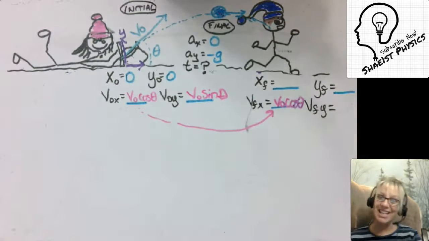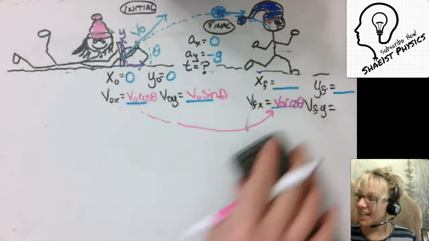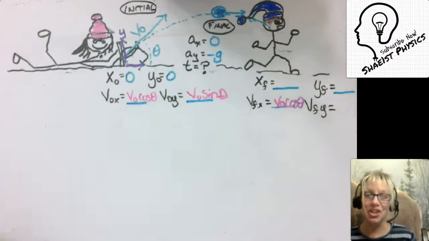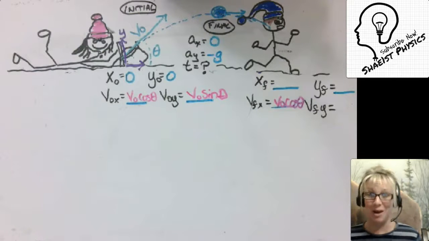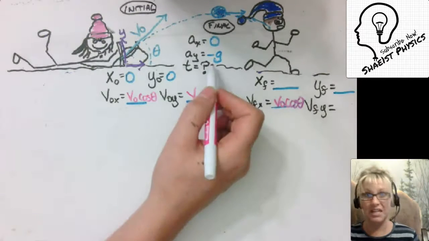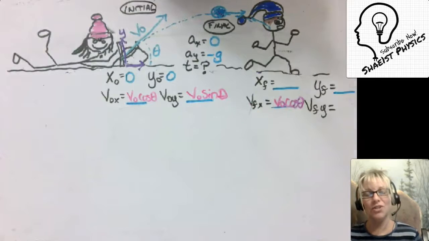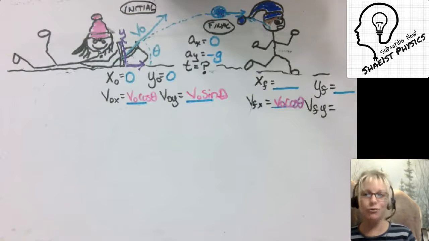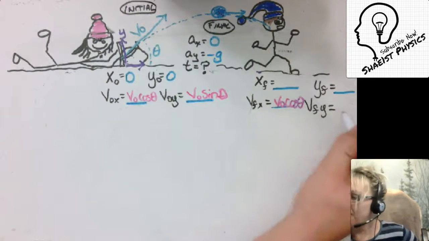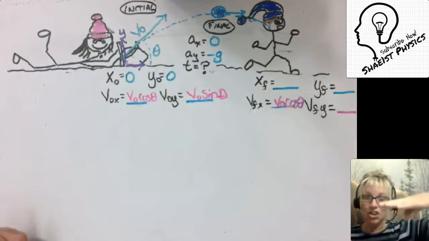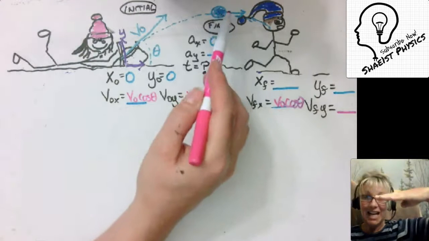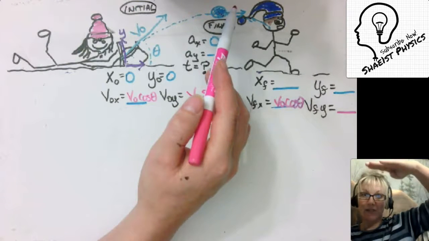It truly is like doing a puzzle, filling in those missing pieces. Here's the clue: you do the same exact thing for every single projectile motion problem, no matter what the question is. Notice we haven't even gotten to the time yet in solving that. We put it in as a question mark, but we do the same exact thing every single time. The final velocity in the y direction: that snowball at the maximum height is no longer traveling upward.